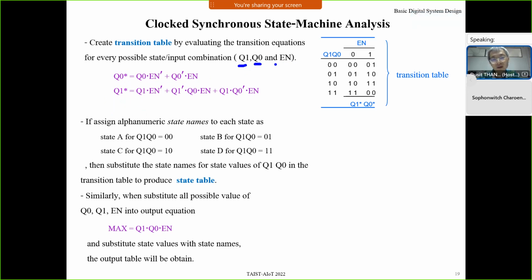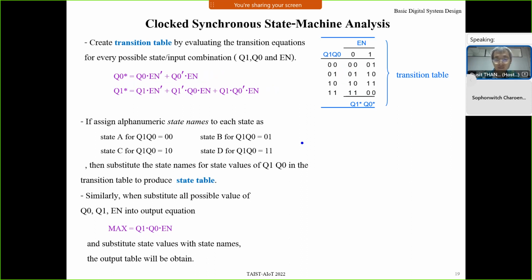Because there are 3 bits, there are 8 possibilities. So you must calculate all these 8 possibilities, all of them, by substituting the values into these two equations to calculate Q0 star and Q1 star to complete this table.